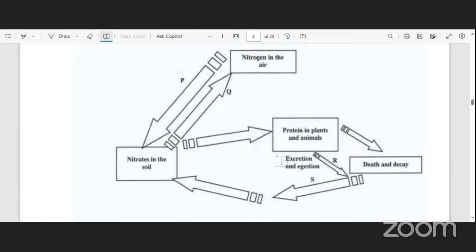It states excretion and egestion. So from the waste, you get the ammonia coming from the organism, and it will be converted to nitrites, then nitrates, and R would be nitrification. Is that clear to everyone? So we have to pay attention to the words in the box right here, excretion and egestion.